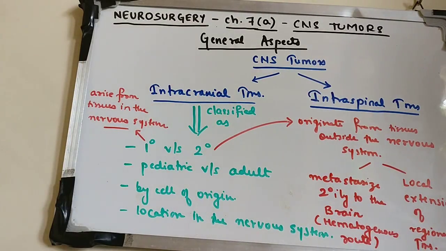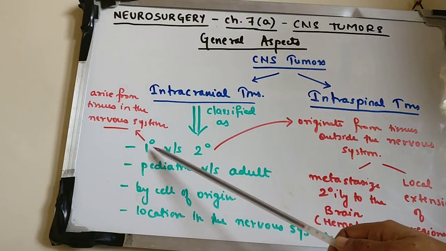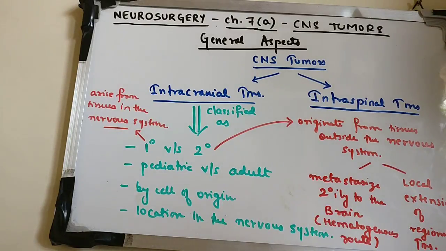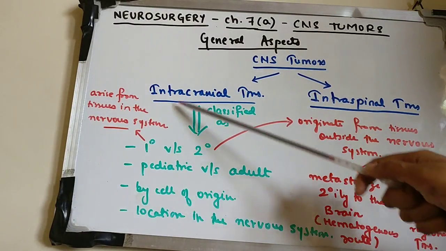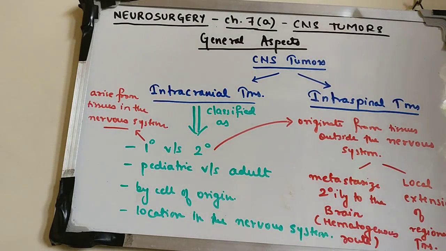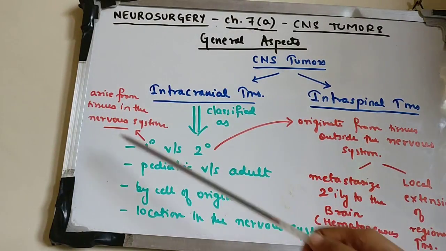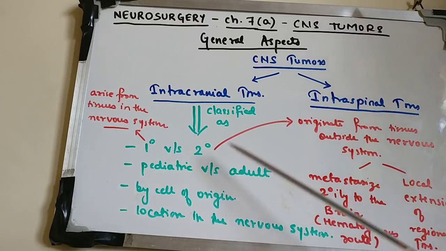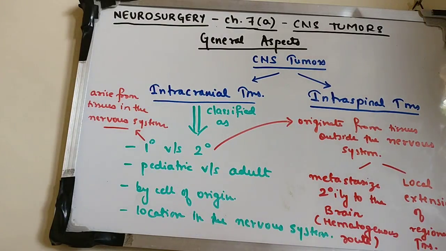So what is primary versus secondary intracranial tumors? Primary tumors are tumors which arise from your tissues in the nervous system. Okay, so they're basically going to arise from your neurons or from your neuroglia, mainly from your neuroglial tissue. While your secondary brain tumors do not have origin in the nervous system.